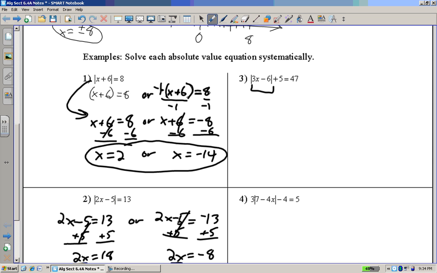So, absolute value of 3x minus 6 plus 5, we're going to subtract 5 from both sides. Basically, we're pretending like this is almost a variable in and of itself. We're solving for the mirror. So the absolute value of 3x minus 6 equals, this is 42.